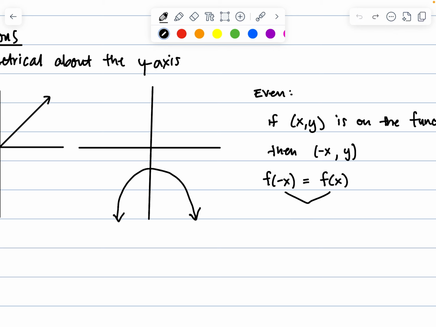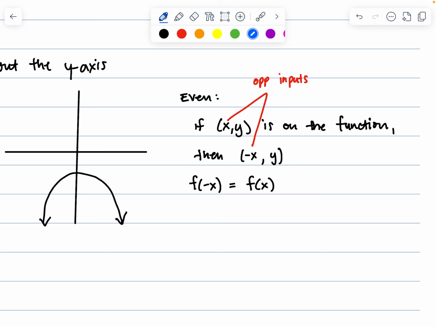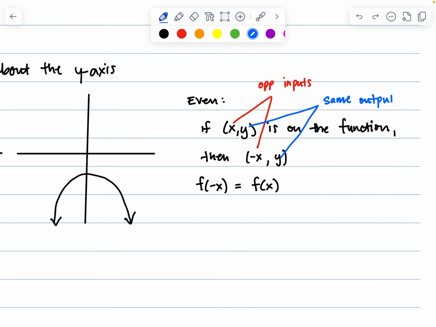Here, better yet, you'll see it here better. These are opposite inputs, but you will still have the same output. And that's how you could tell. If you have a table of values, that's how you'll be able to tell. Okay?